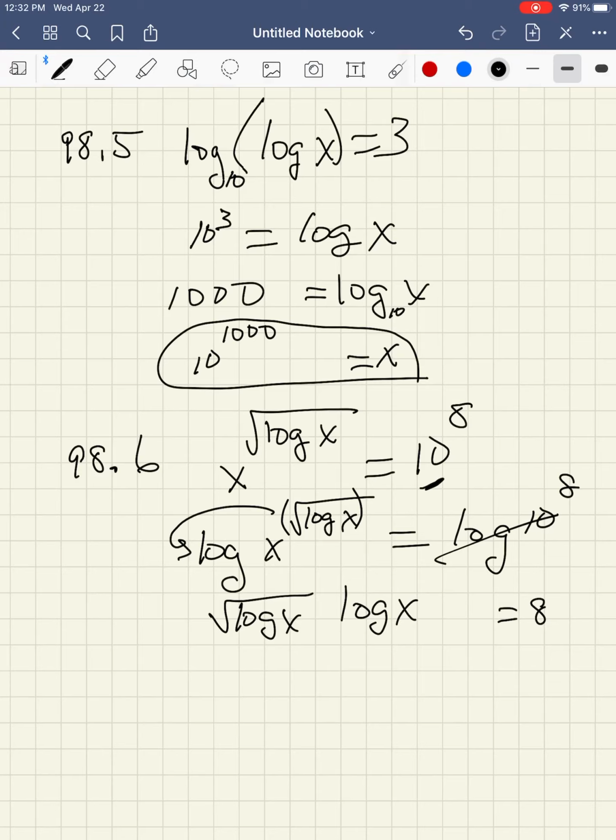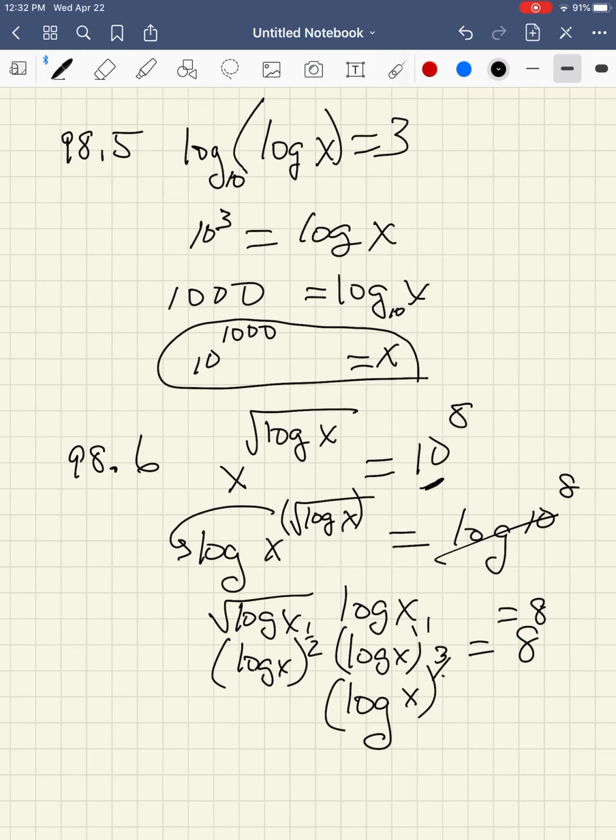All right, so this is log of x to the 1/2 power, right? And this is log of x to the 1 power. So since they're both log of x's, we can multiply by adding the exponents. 1 and 1/2 is 3/2. So log x to the 3/2 would be equal to 8.